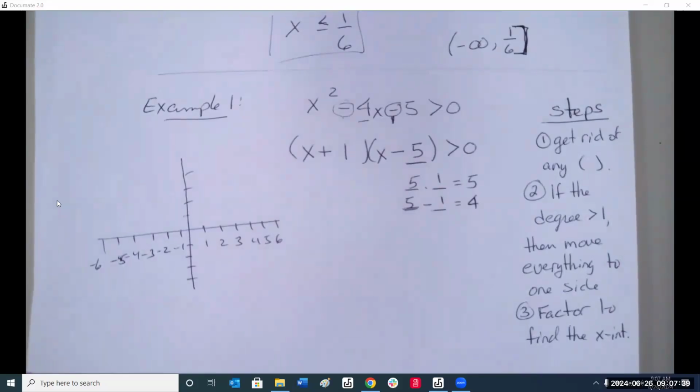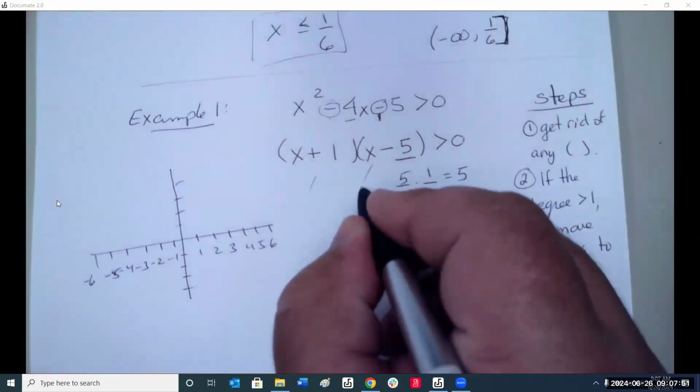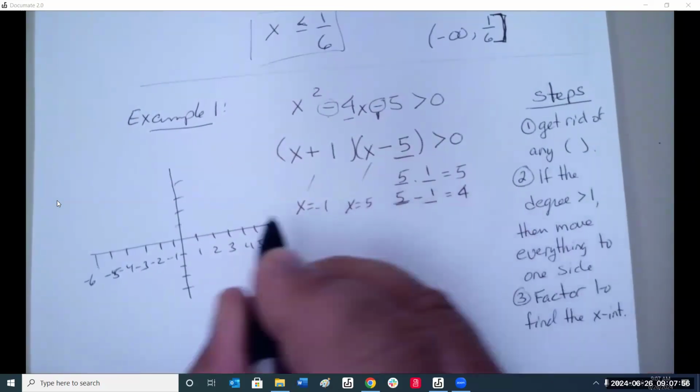The vertical movement doesn't really matter. So what are our x-intercepts? Right, we set both of those. We get -1 and we get +5.